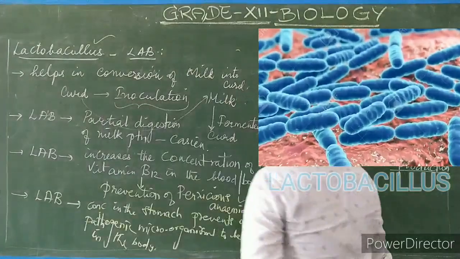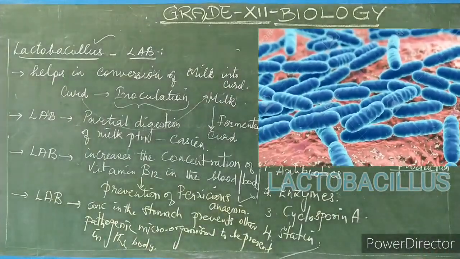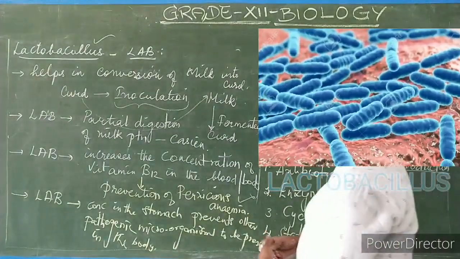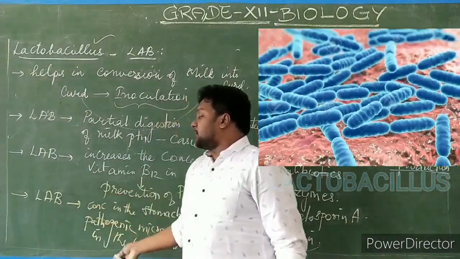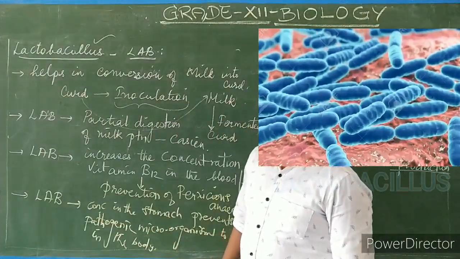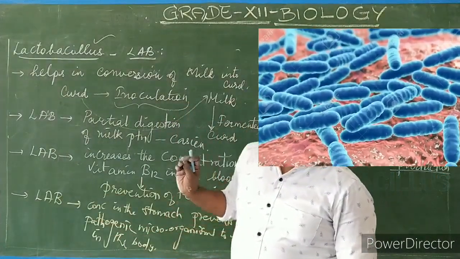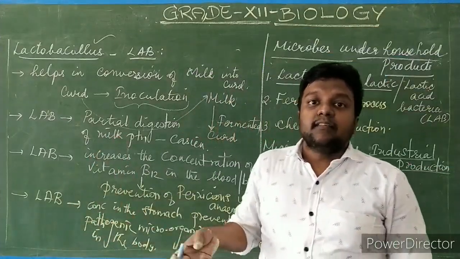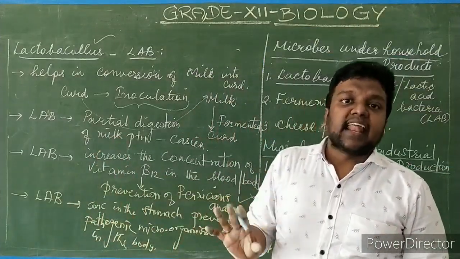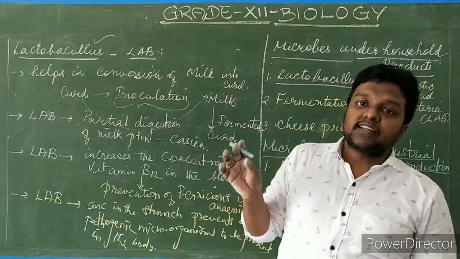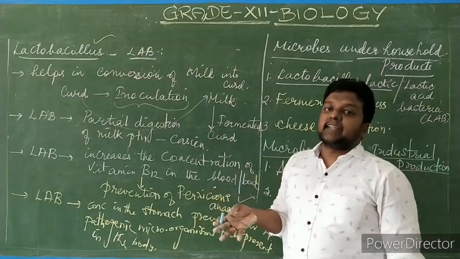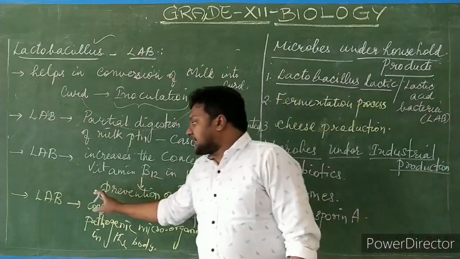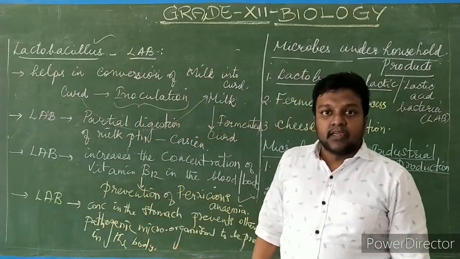Okay, so this is about Lactobacillus lactis. If lactic acid bacteria is present in the stomach, that renders other pathogenic microorganisms inactive. So the pathogenic microorganism cannot exhibit its metabolic activities inside the stomach provided this lactic acid bacteria is present. Can you understand?